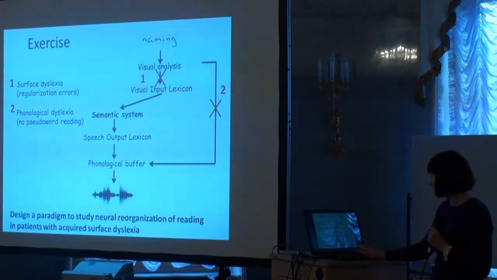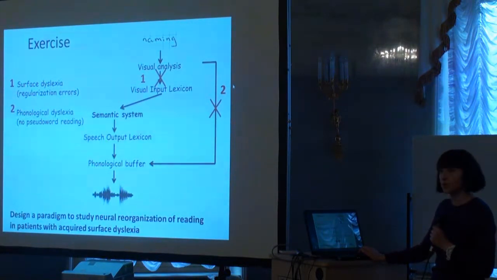But, for example, if I test pseudo words reading, the patient will never be able to read them, because it is not in the lexicon, there is no meaning, so just the word can go through. And this is called phonological dyslexia.